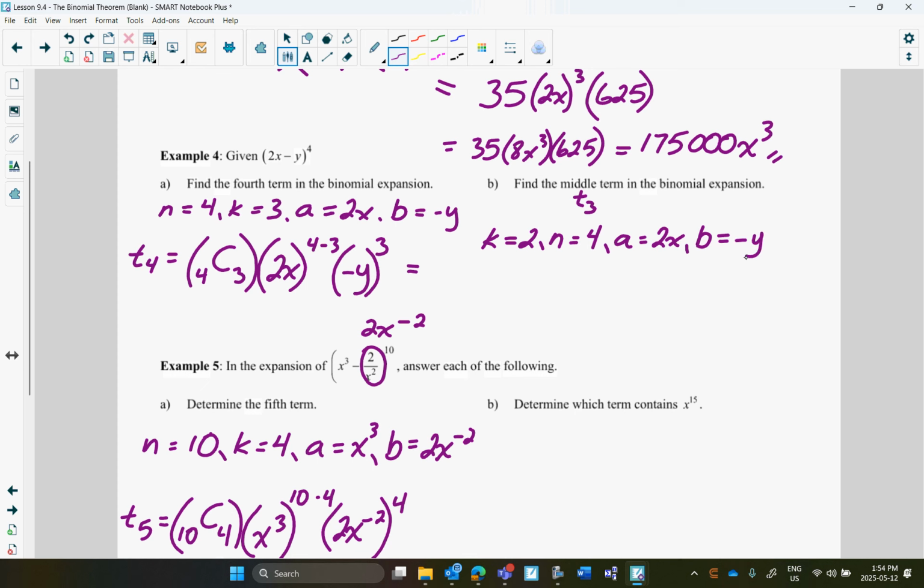So therefore, T3 is going to be 4 choose 2, times 2x to the n minus k, 4 minus 2, times -y to the k, or 2. Four choose 2 is the same as 6.